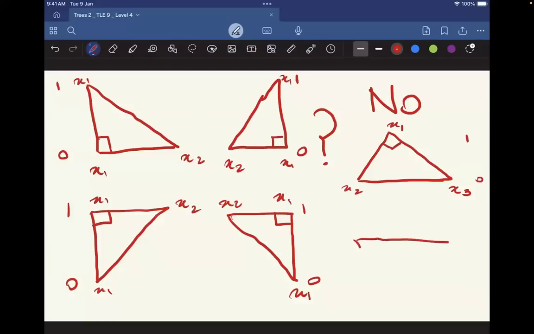Similarly, now this right here is y is equal to 1, y is equal to 0, x2, x3, and x1. All right.